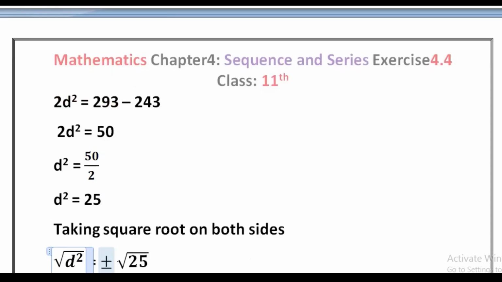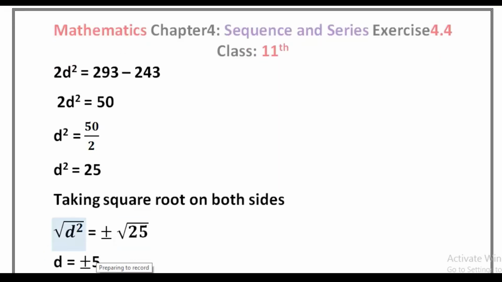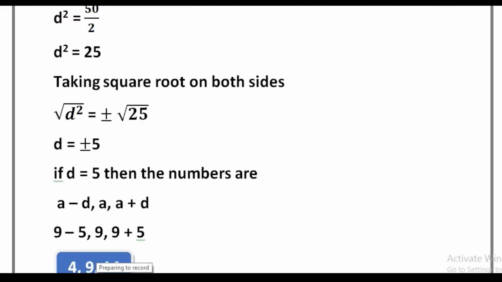Taking square root on both sides, square root of d square is equal to plus minus square root of 25. So the square root cancels, and d is equal to plus minus 5, as 5 is the square root of 25. If d is equal to 5, then the numbers are a minus d, a, a plus d.